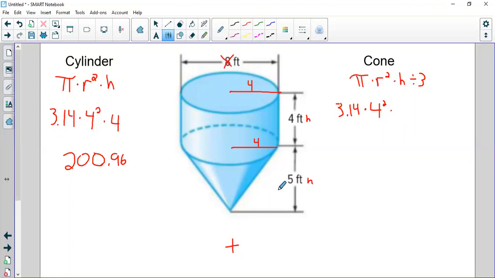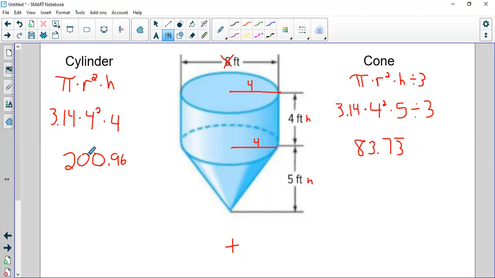Well, the height of the cone from the point to the base circle is 5. And then divide by 3. And I'll work that out real fast, and I will get 83.7, and then 3 repeating, just the 3 repeats.